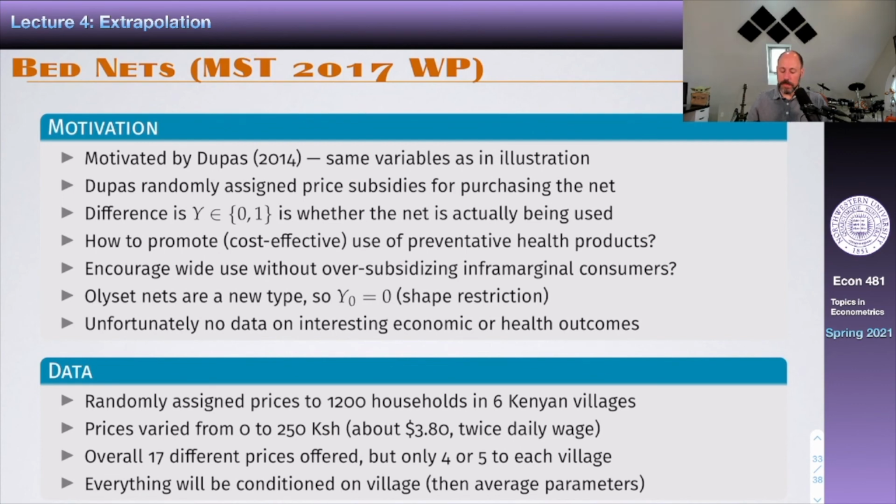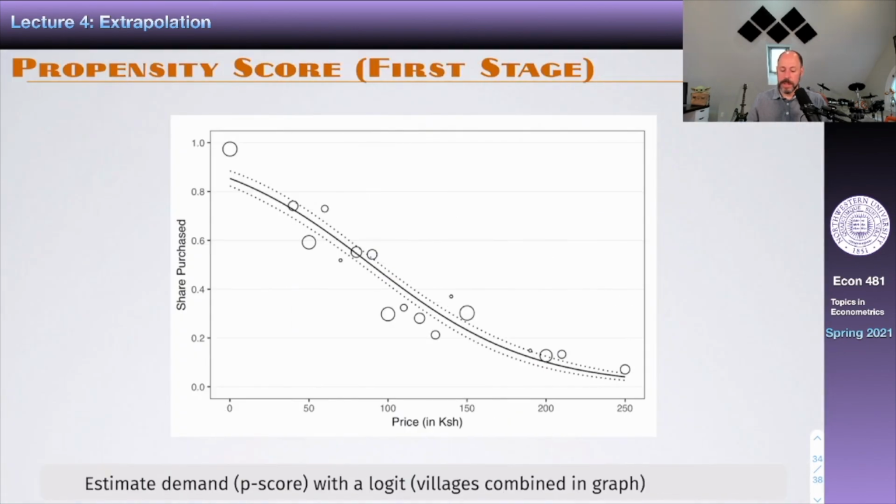There are 17 different prices offered, but only 4 or 5 were available to each village. Everything will be conditioned on village and then averaged. The first thing we have here is the propensity score, which was estimated through Logit.